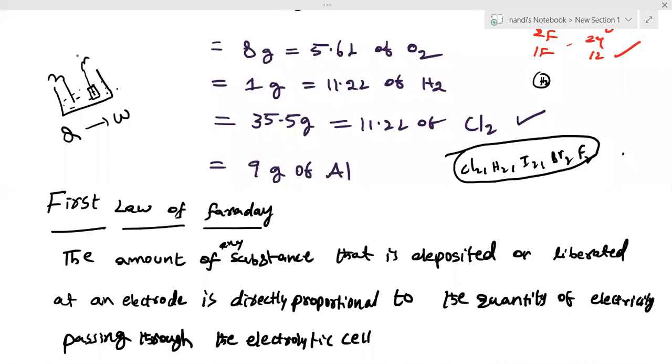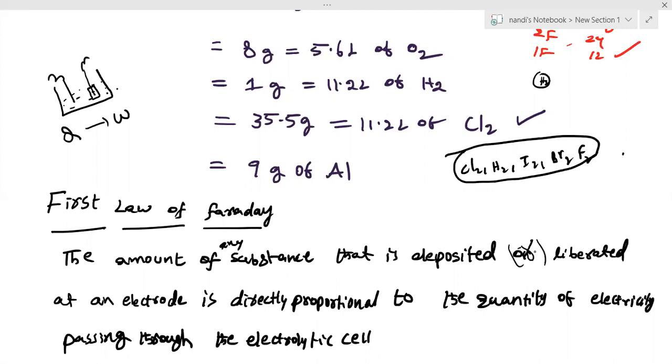Okay, you can see the statement now. The amount of any substance that is deposited or liberated at an electrode is directly proportional to the quantity of electricity passing through the electrolytic cell.